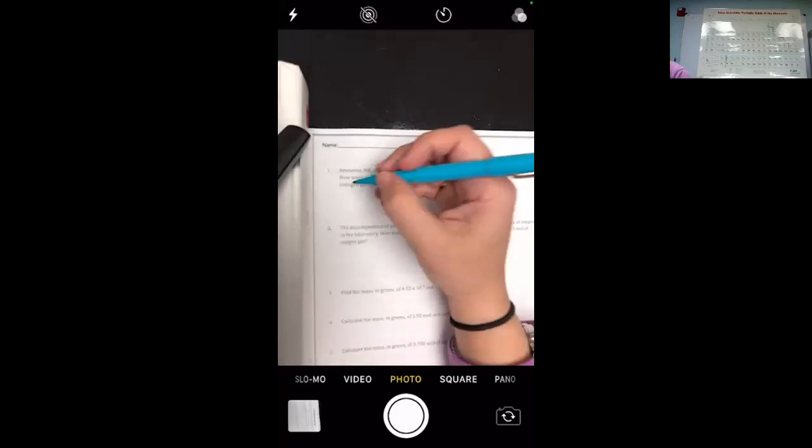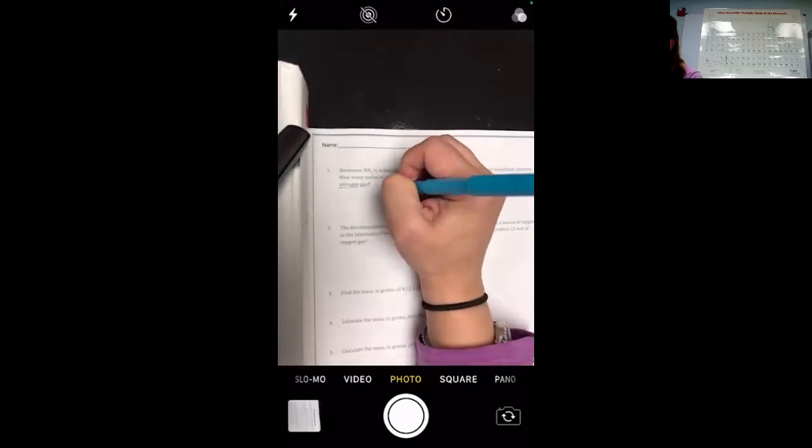So ammonia is made by reacting hydrogen with nitrogen. Okay, so hydrogen is diatomic plus nitrogen, which is also diatomic, is going to produce NH3. So we're going to start by doing a 2 there to make that even.